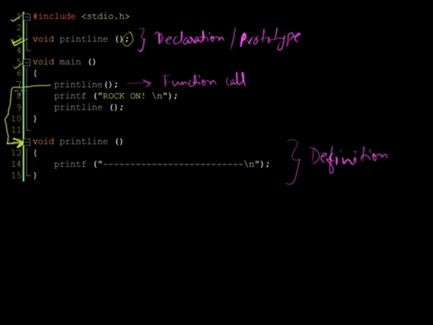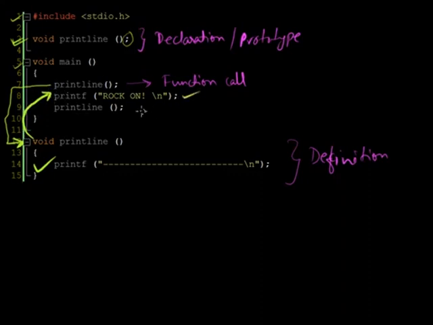It jumps from this call to the actual definition of the print line function, executes your function, and then goes back to where it came from, goes back to main.